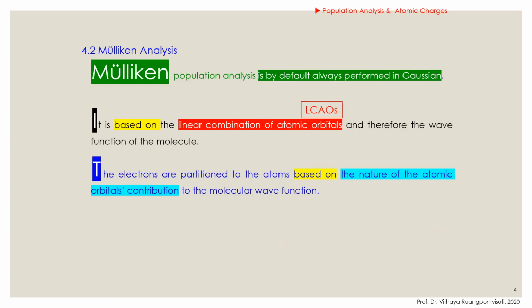Molecular analysis. The molecular population analysis is by default always performed in Gaussian. This population analysis was found by Robert S. Mulliken, the American physicist.